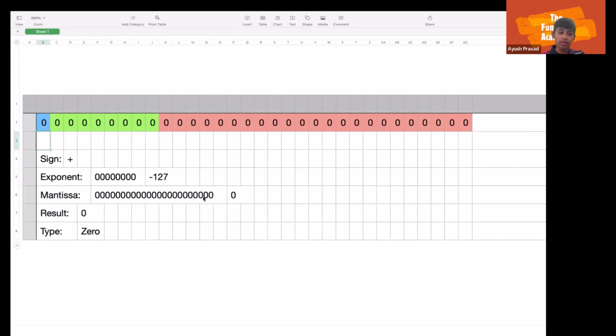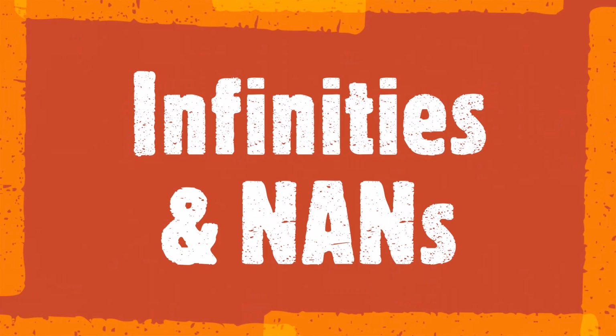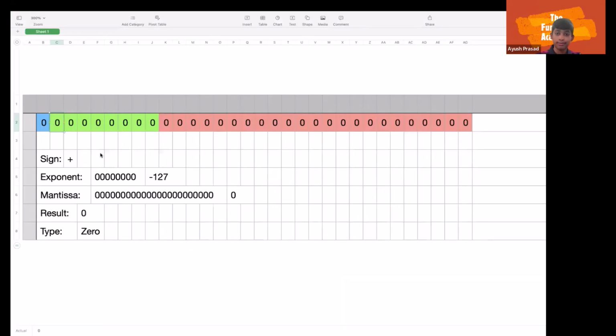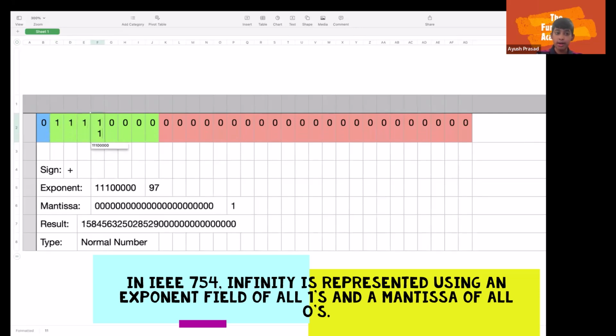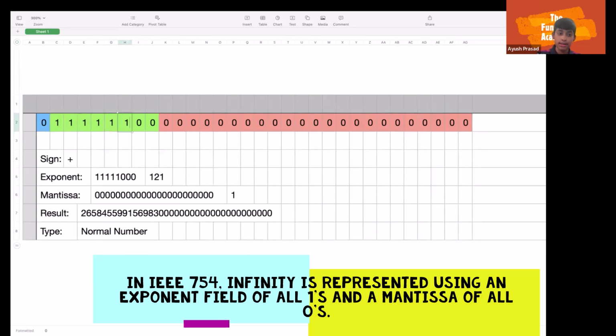So, now that we're up to speed on subnormals and zeros, let's talk about NaNs and infinities. Well, just like how a completely zeroed out exponent can represent the smallest possible number, a completely filled out exponent of only ones represents the largest possible number, infinity.